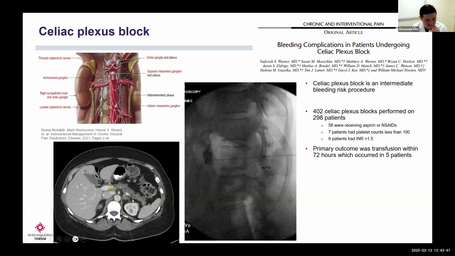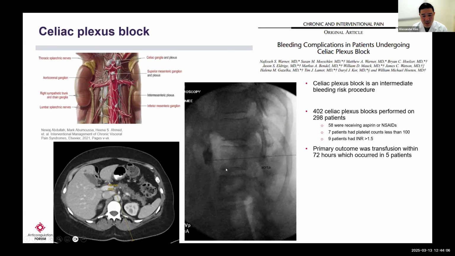In this axial CT slice on the bottom left, this yellow line represents the perfect path of the procedure needle. So you actually intentionally go transaortic, and you know you're at the right spot when you lose blood flow through the hub of the needle.